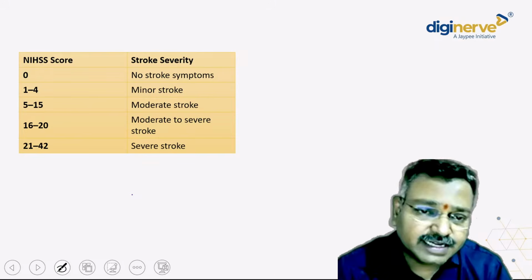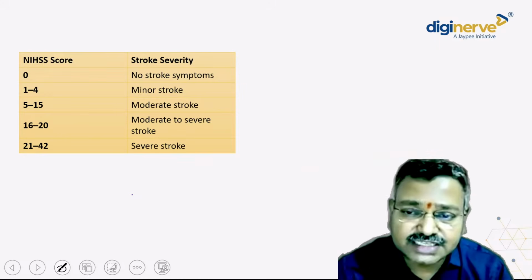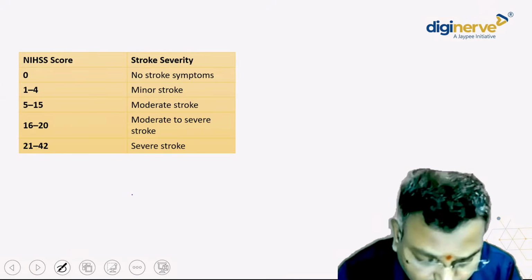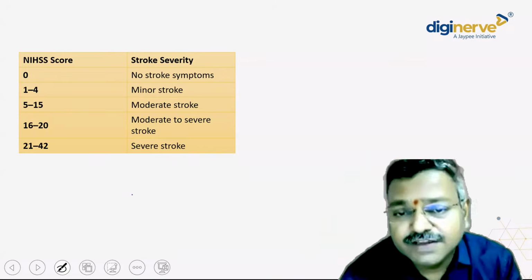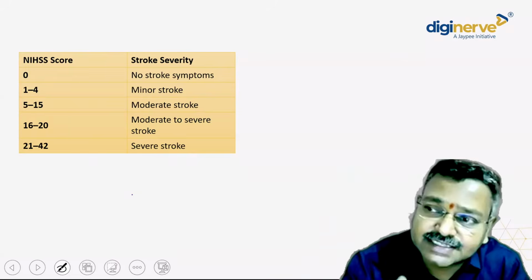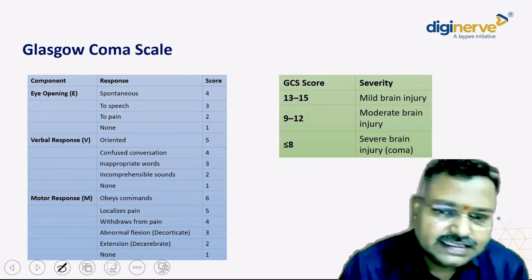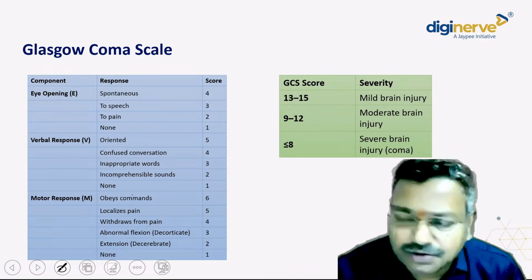This has to be done in centers where these intervention facilities are available, and you would want to do it early. So stroke grading by NIHSS is a very, very important thing that we have to always look for. NIHSS is a universal grading system, and 11 items you have to remember. The next important scoring system, which is often asked, is the Glasgow Coma Scale.